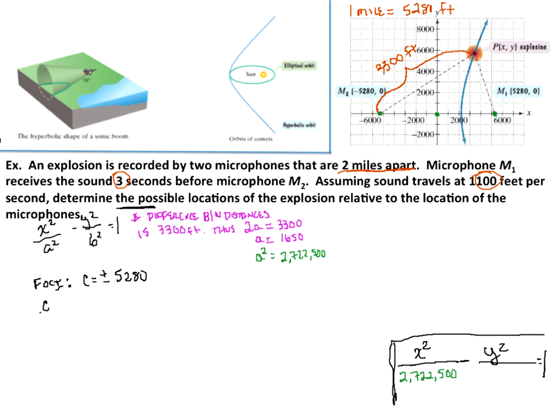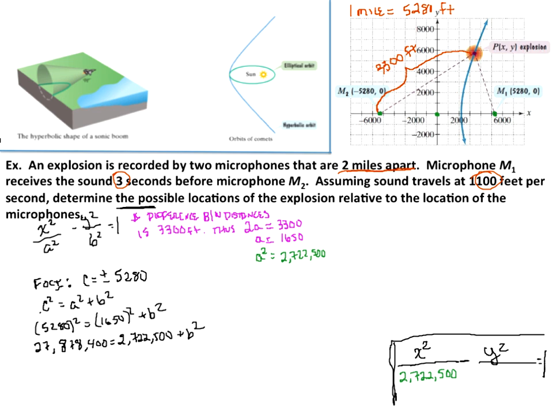The only thing that I have to relate all these pieces of information is that c squared is equal to a squared plus b squared. c squared, 5,280 squared, is equal to 1,650 squared plus b squared. 5,280 squared is 27,878,400, and that equals 2,722,500 plus b squared.